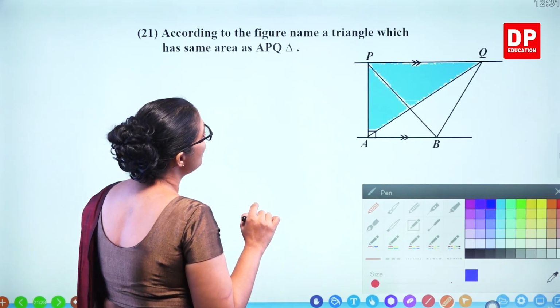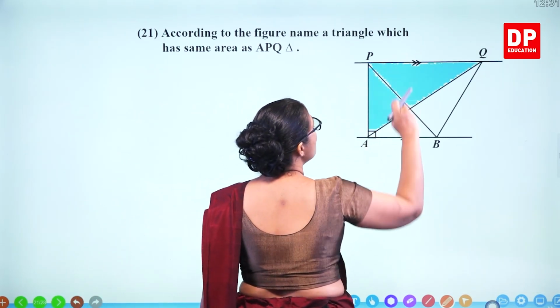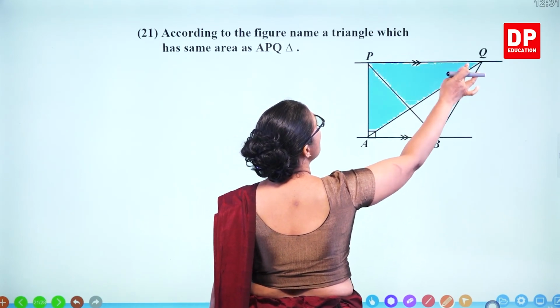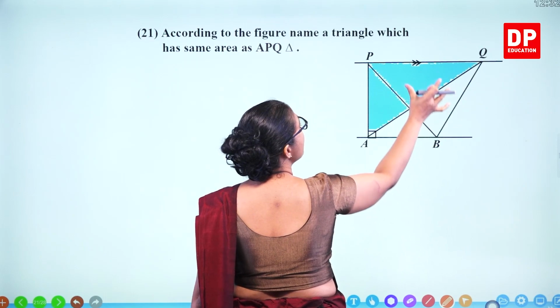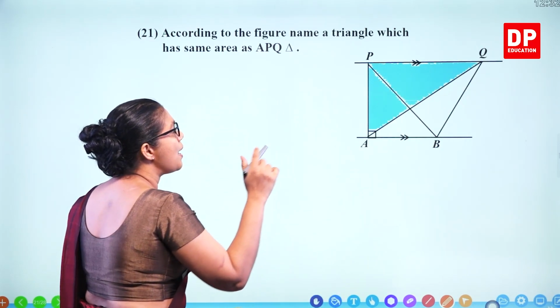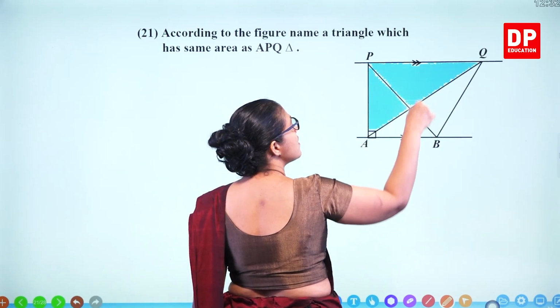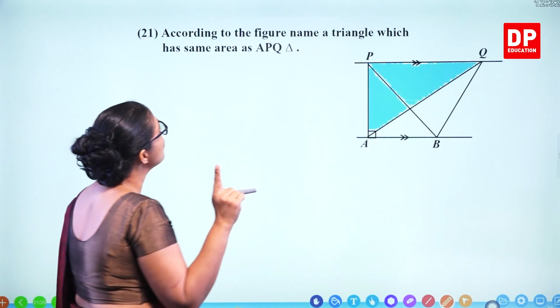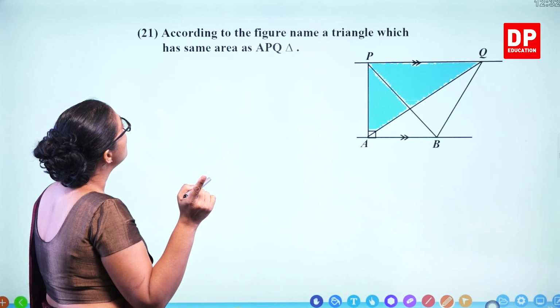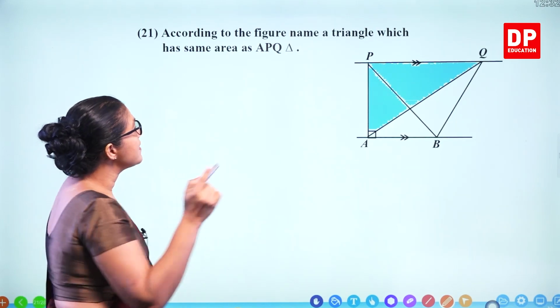So look at carefully. These are two parallel lines. PQ is the base. So this area and this area is the same. Same perpendicular height because in between two parallel lines, same base. So according to the figure, which triangle has the same area as APQ?